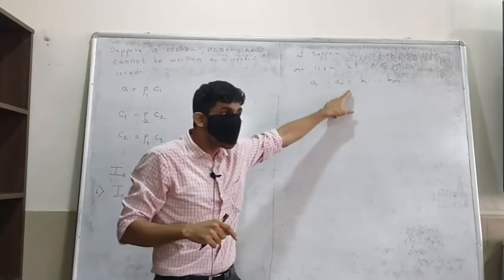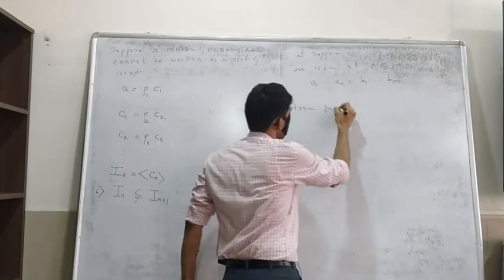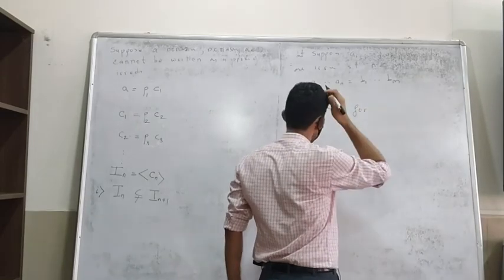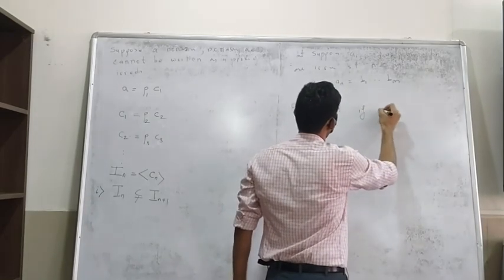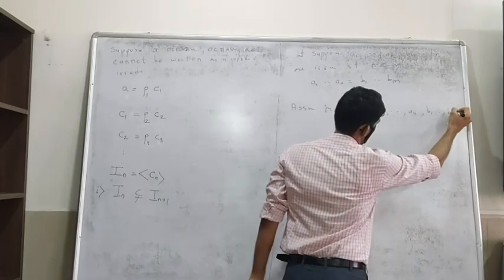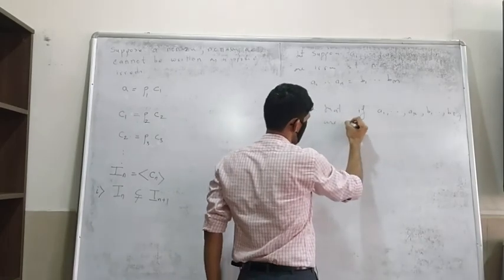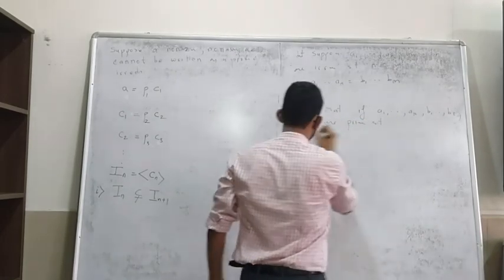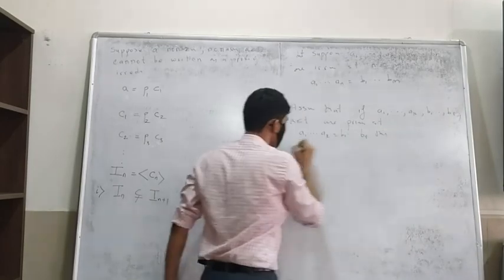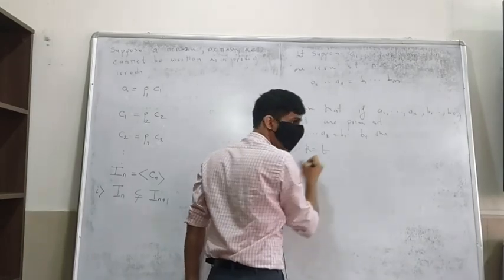Now you assume the induction hypothesis, which is important. Assume that if a1 up to ak and b1 up to bt, with k less than or equal to t, are primes such that a1 up to ak is equal to b1 up to bt, then we are assuming that k and t should be equal.